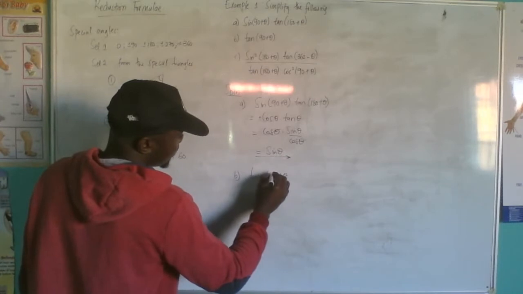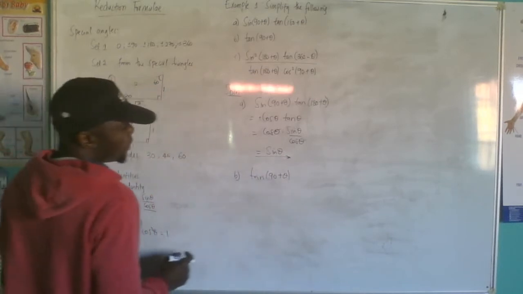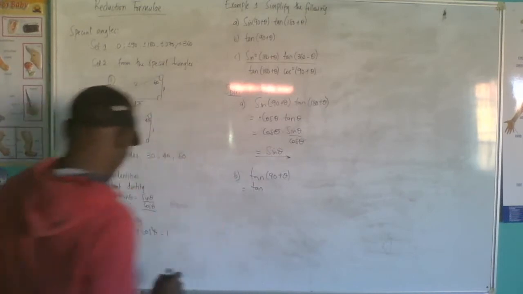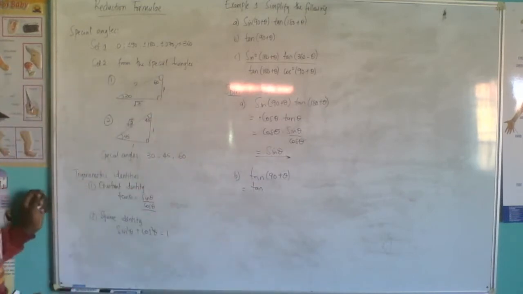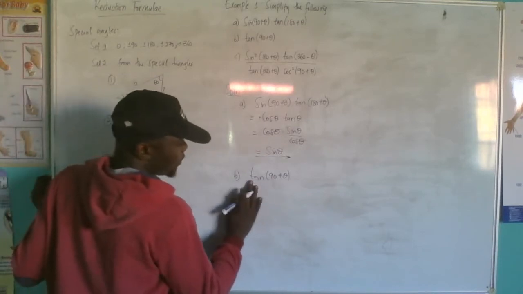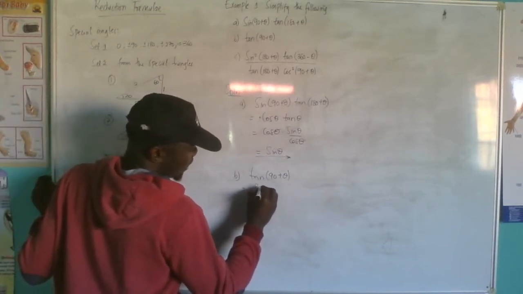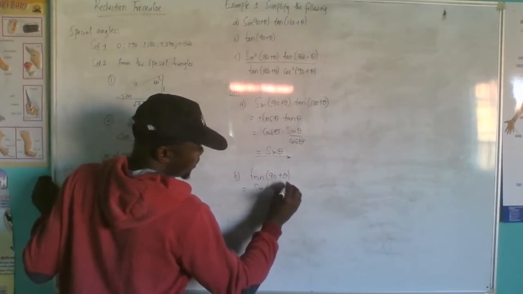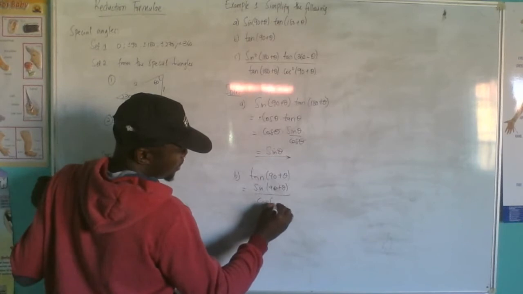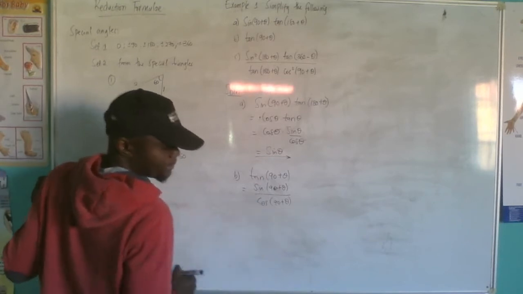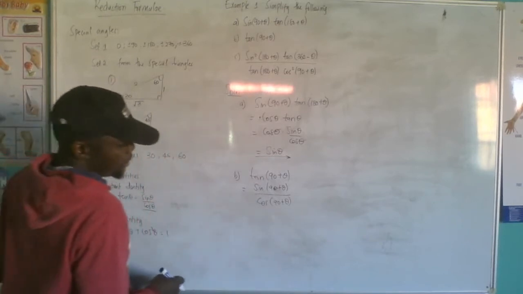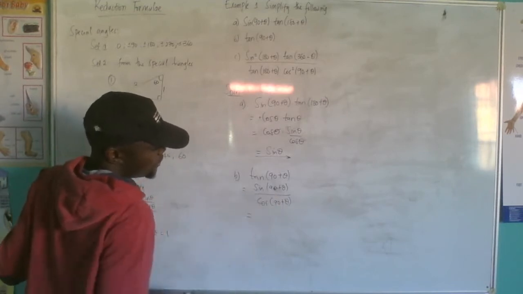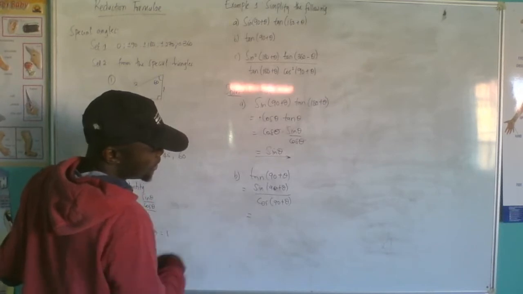The next example, which is tan of 90 plus theta. Very easy. We'll use our quotient identity, sine theta over cos theta. I know tan is equal to sine of 90 plus theta over cos of 90 plus theta. Then I ask myself, what is sine of 90 plus theta? It's in the second quadrant.